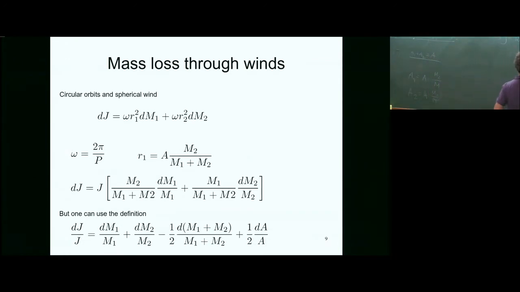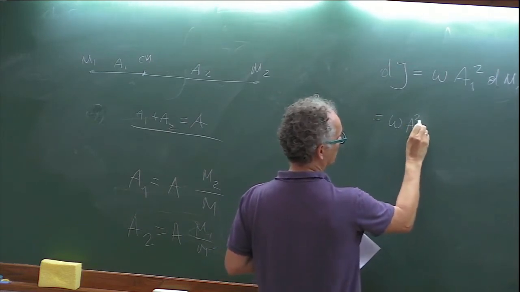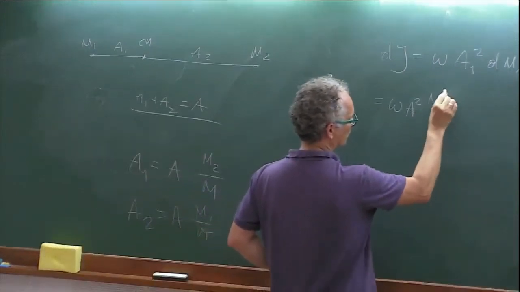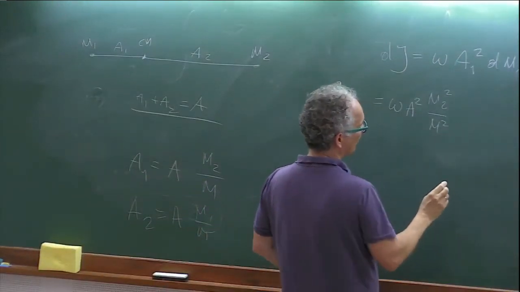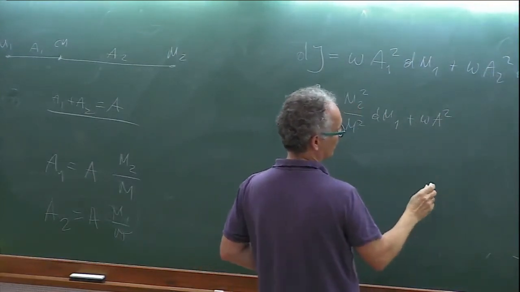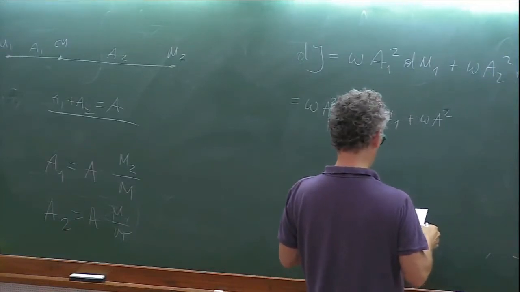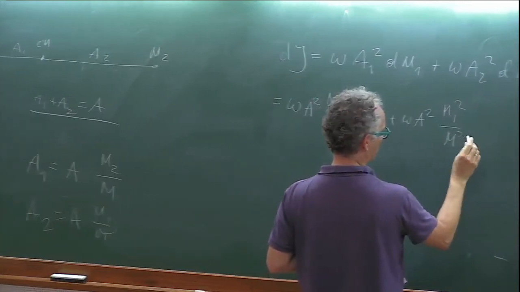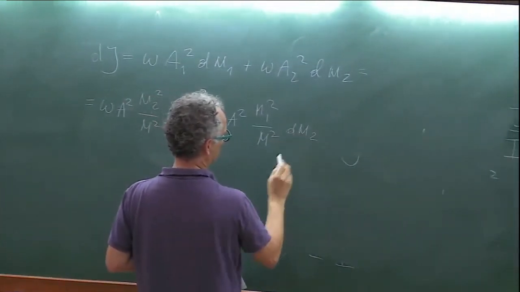So the amount of angular momentum that leaves the system is omega A squared, and now we have A1 squared, so it's m2 squared over m squared dm1, plus omega A squared m1 squared over m squared dm2.